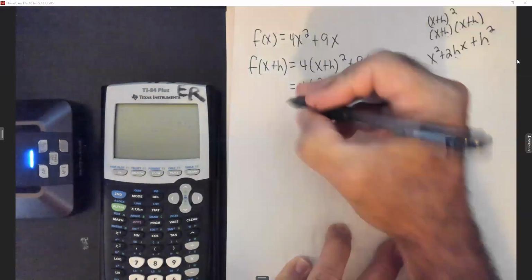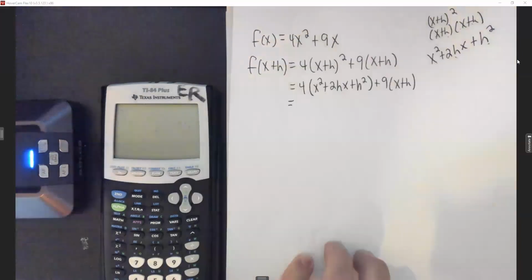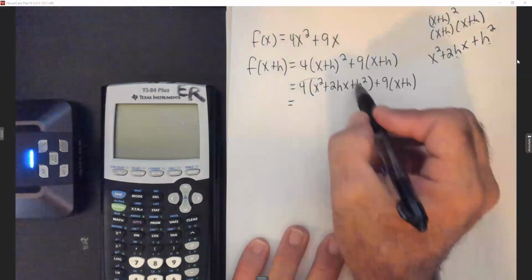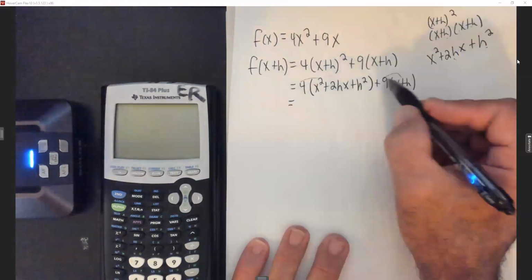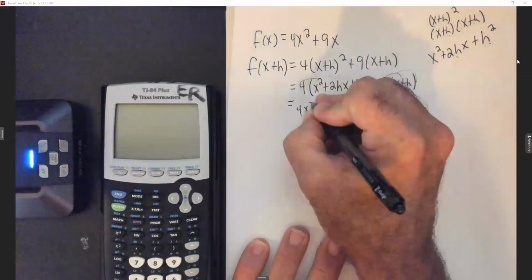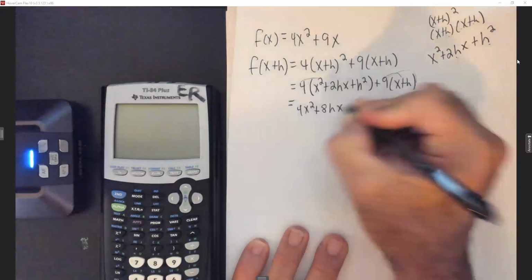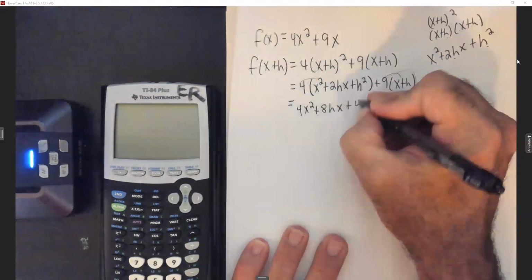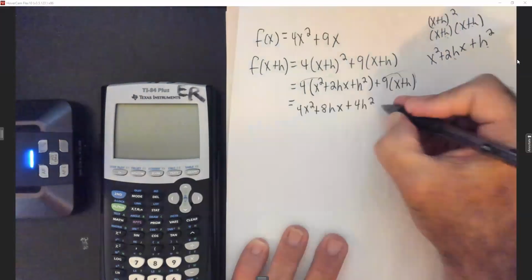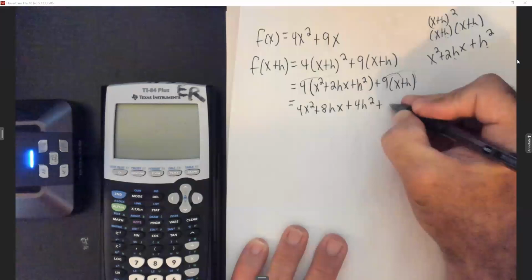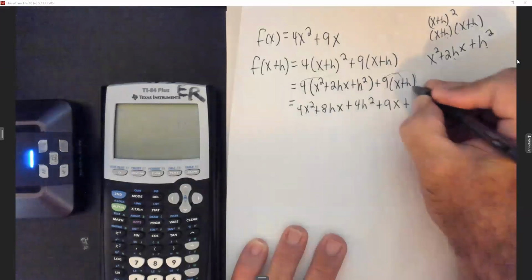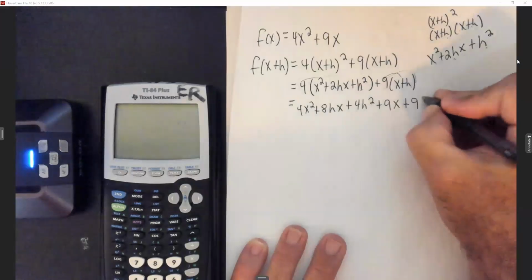So the next thing I'm going to do is distribute this 4 and this 9. So I get 4x squared plus 4 times 2 is 8hx. 4 times h squared is 4h squared, plus 9 times x is 9x, plus 9 times h is 9h.